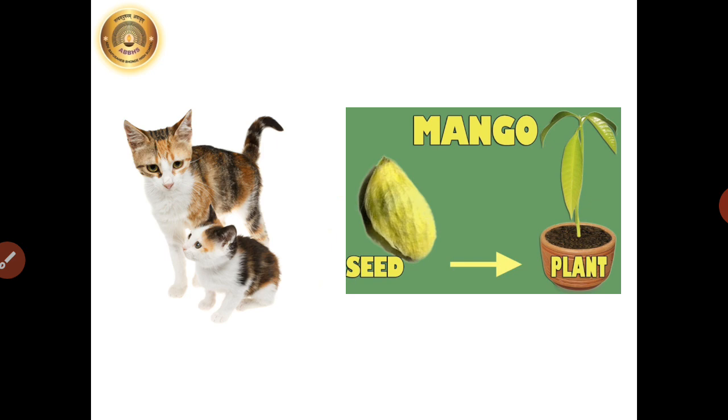So, there is a transfer of physical and mental characters from parents to the progeny, that is, to their offsprings. The process of transfer of physical and mental characters from parents to their progeny is known as heredity.